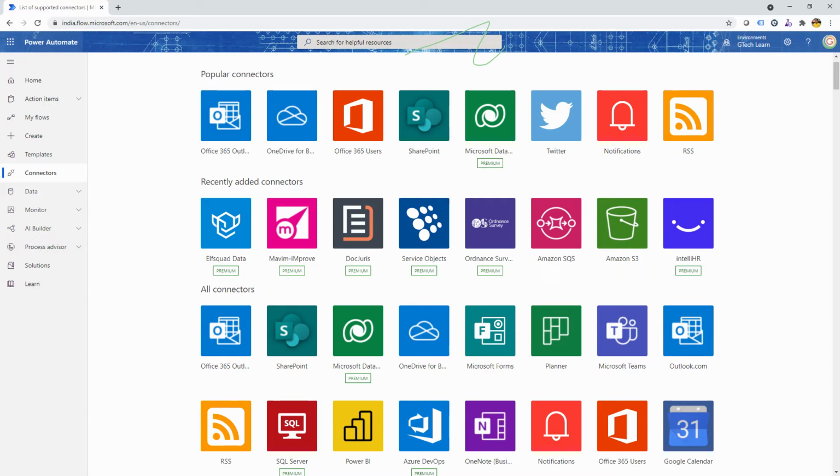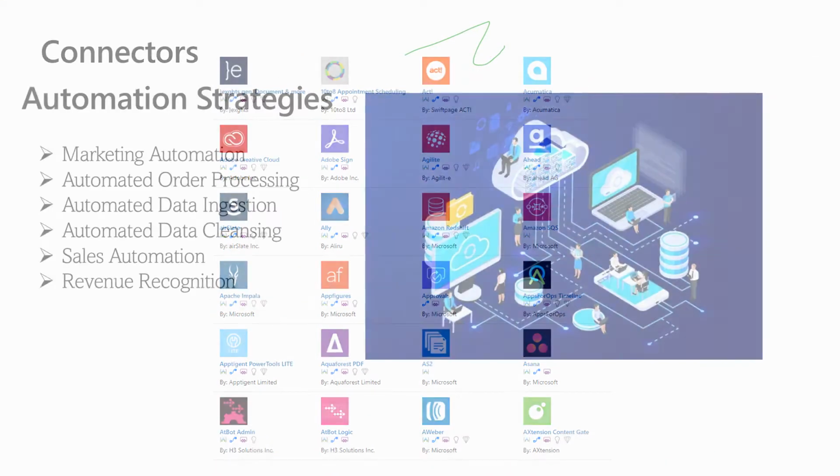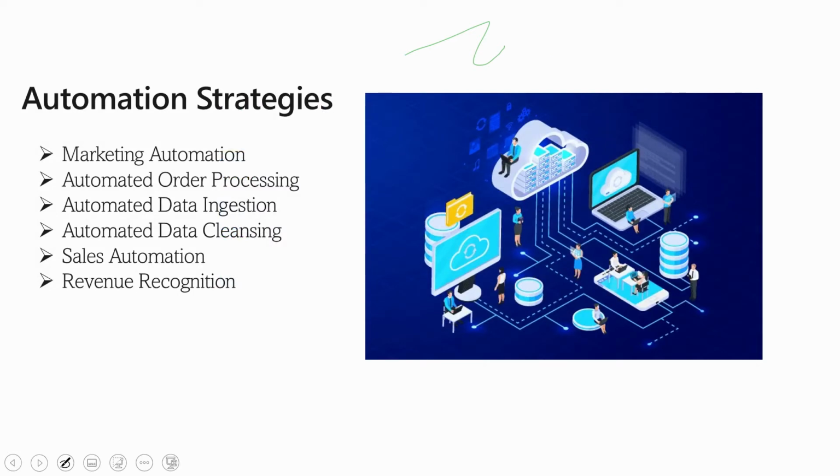The second important segment is when we need to talk about connections, and how these things actually work. Some good automation strategies which we can adopt: you might want to consider your marketing automation to be done with the help of Power Platform.